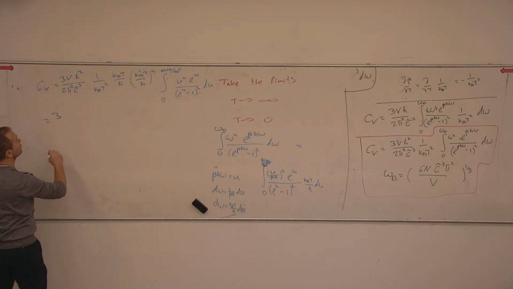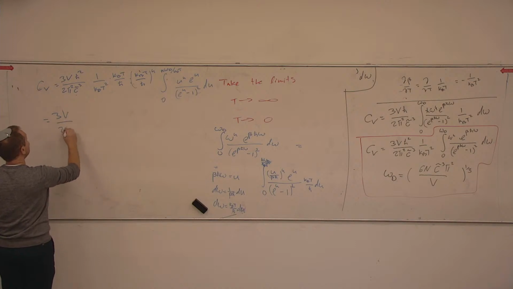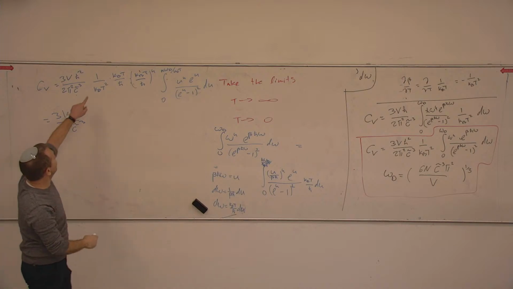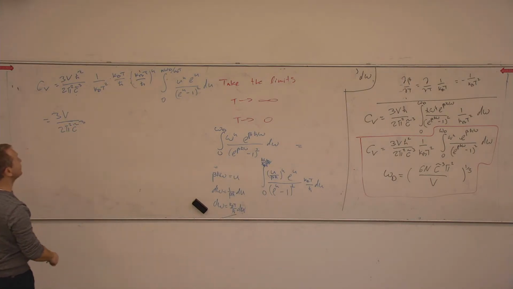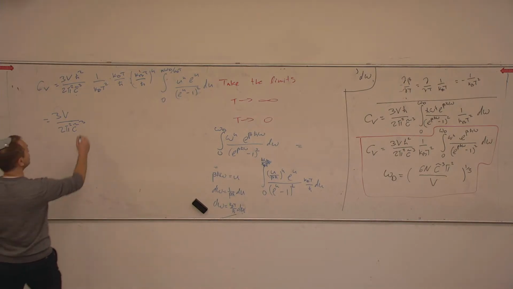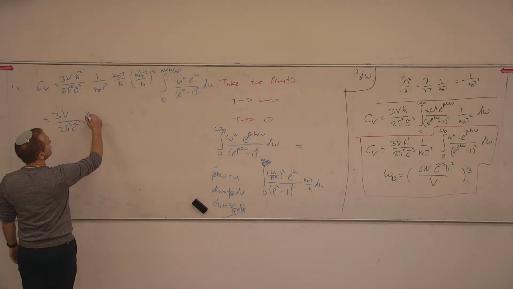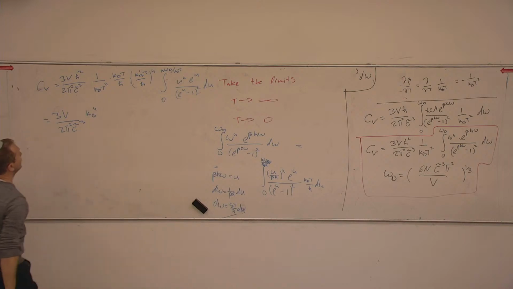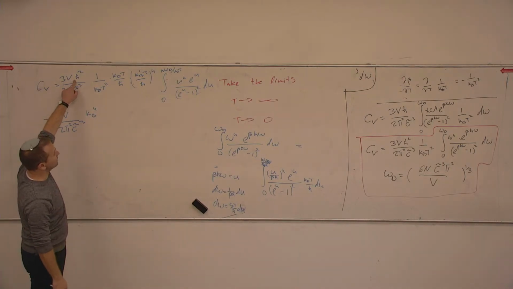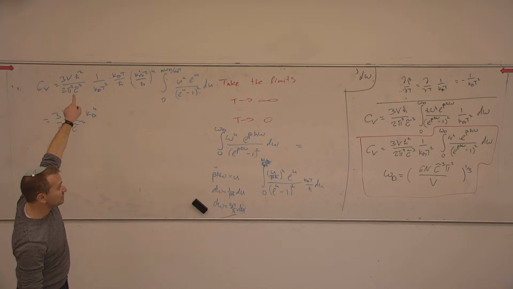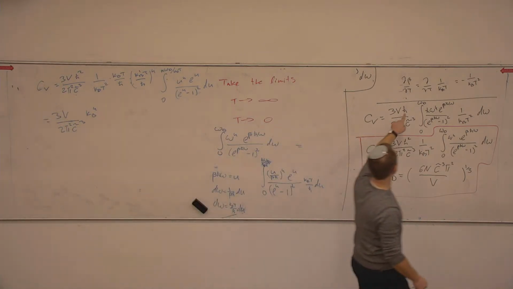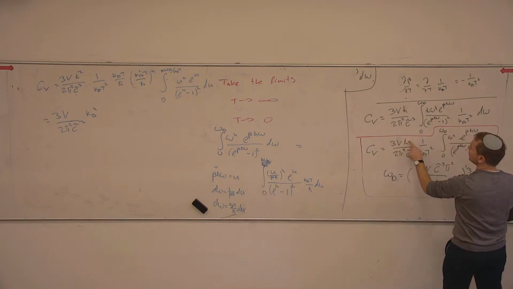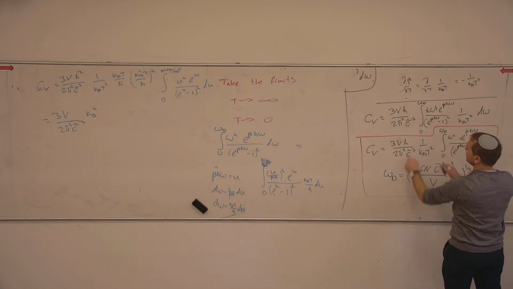Let me write it. So it's 3V over 2 pi squared c tilde to the third. I have k Boltzmann, and k Boltzmann, and k Boltzmann to the fourth, so in total I have k Boltzmann to the fourth. I have h bar squared. Was it h bar squared everywhere?